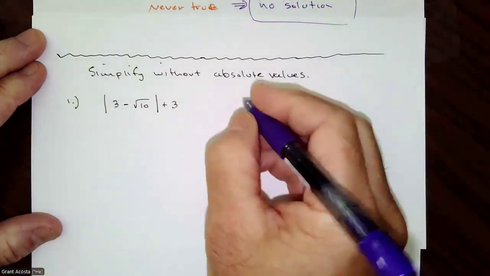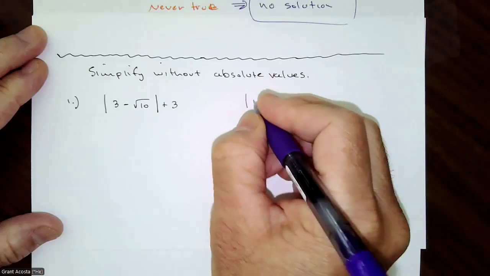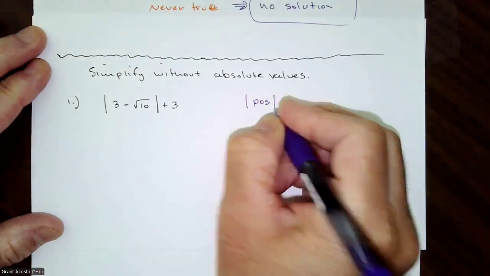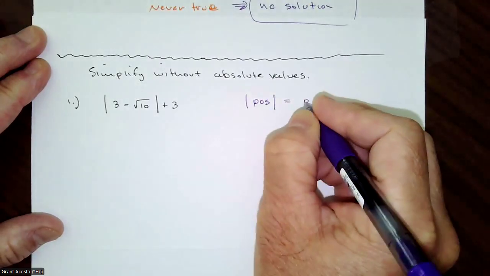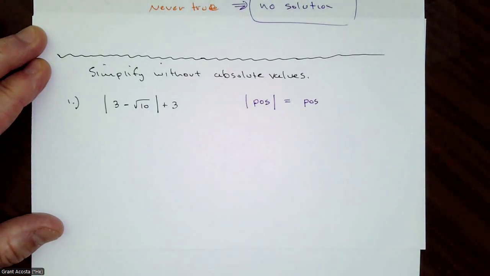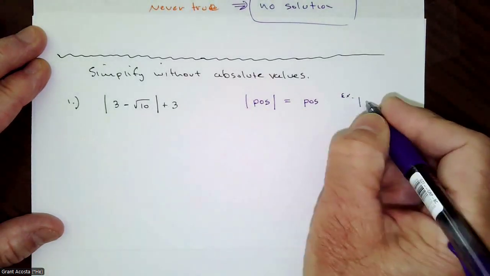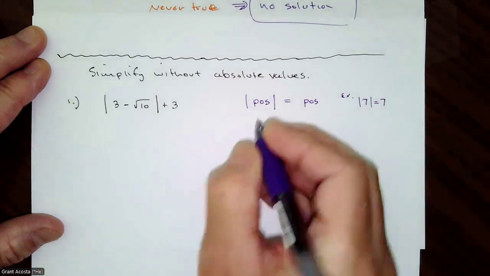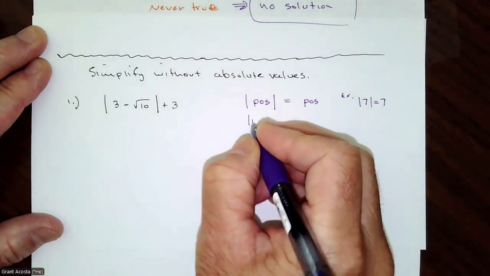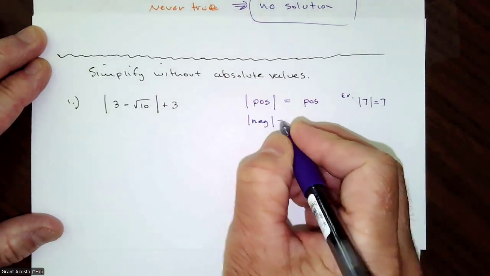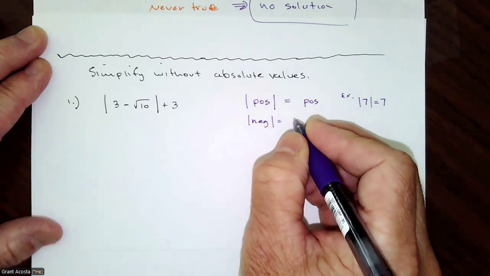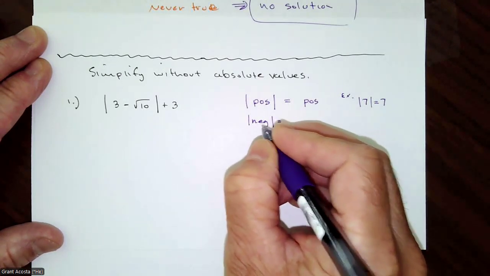Let's review, whenever I have the absolute value and what's inside is positive, we can just remove the absolute value, right? For example, the absolute value of 7 is 7. But if what's inside is negative, we get a positive, but it's really the negative of this number.